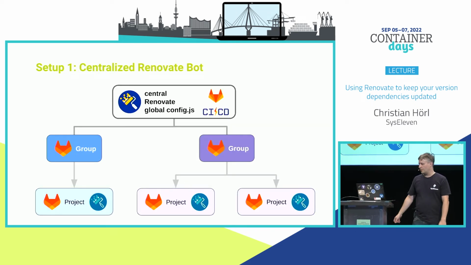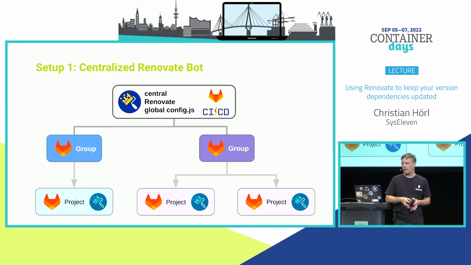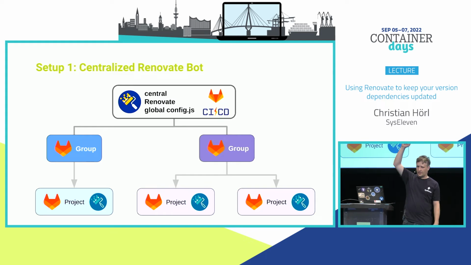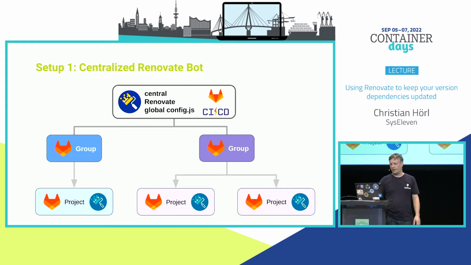This is visually the first setup. Again, as you can see, we have a central Renovate instance running in one of the GitLab projects. It has its own project, and it triggers the pipeline. Like water falls down, it gives each project its configuration, but is being triggered up there.